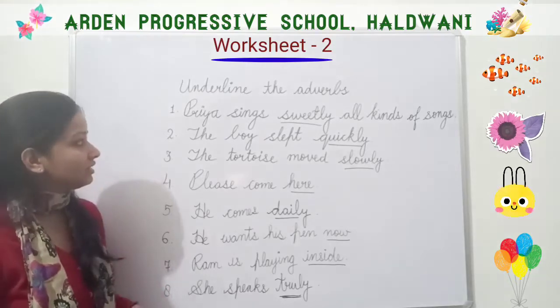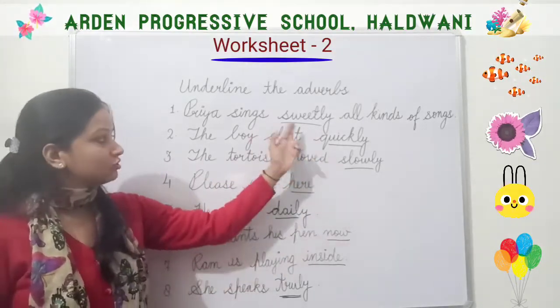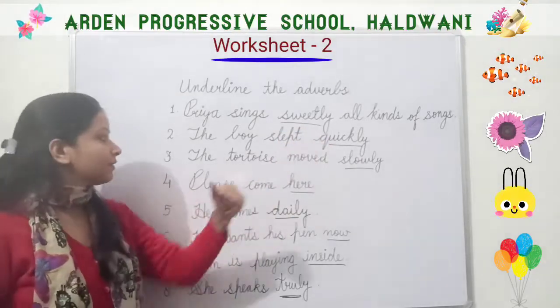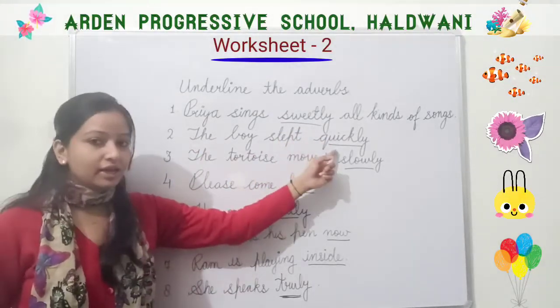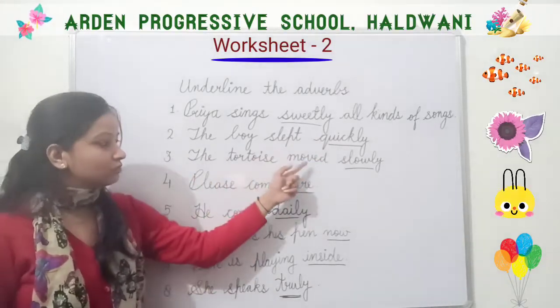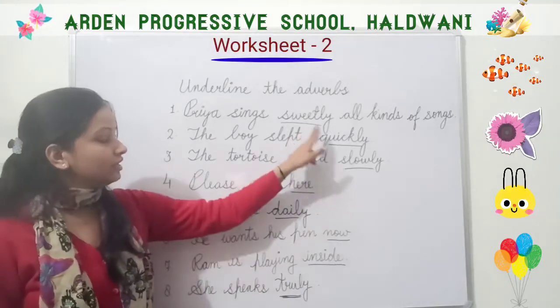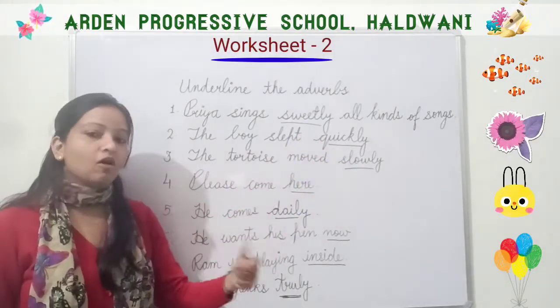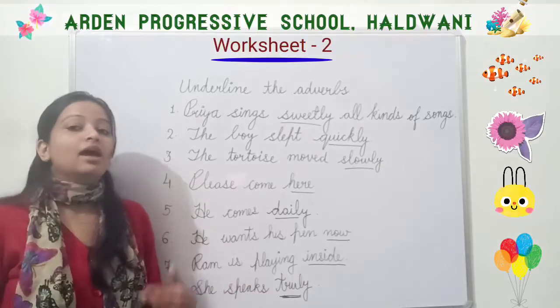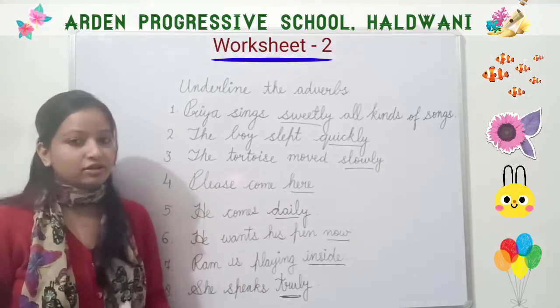Now let us revise. Priya sings sweetly all kinds of songs. How? Sweetly. The boy slept quickly. How? Quickly. The tortoise moved slowly. How? Slowly. So these three are adverbs of manner, because adverbs of manner give us the answer of how the action has been done.